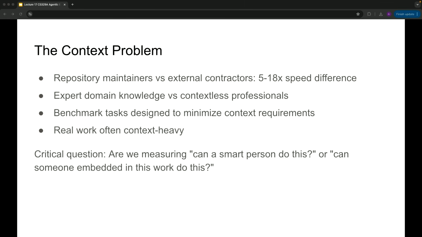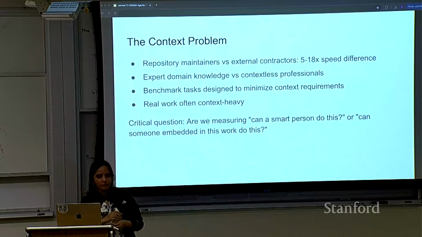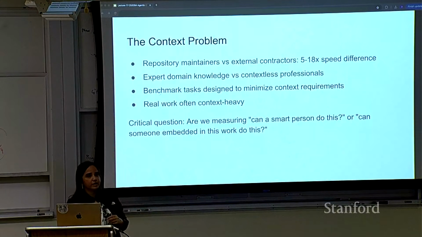So if you have an expert who has domain knowledge, they will generally be faster compared to someone who has no context. Real work is often context heavy, and what we are measuring in this particular evaluation is more around, can a smart person do this, or can someone embedded in this work do this? But if you have to go get context for that task, models are not yet able to do that, and this evaluation is not measuring that.